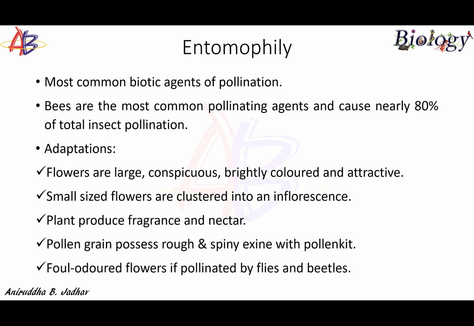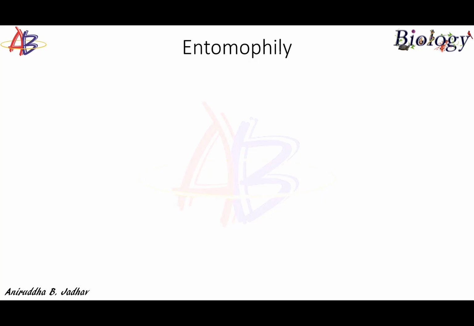Foul smelling or foul odored flowers are produced by such plants where the pollinating agents are flies and beetles. Now, in order to achieve a higher rate of pollination, these plants need to reward the insect visitors so that they would visit them frequently and increase the possibility of pollination.